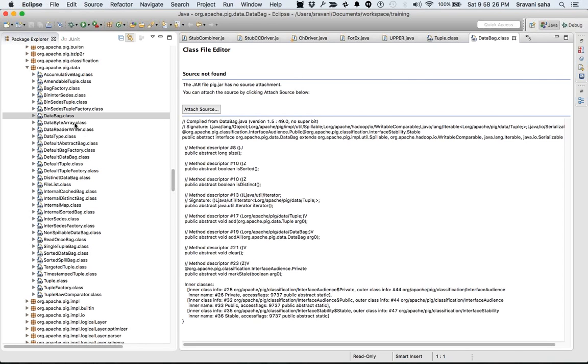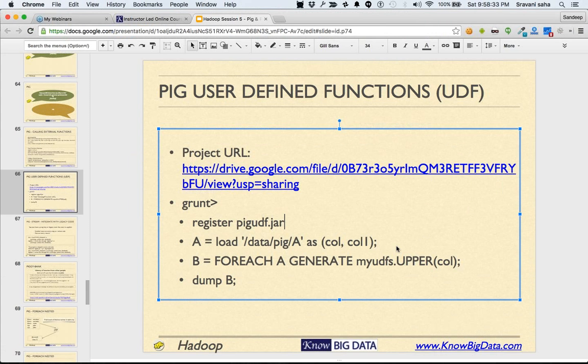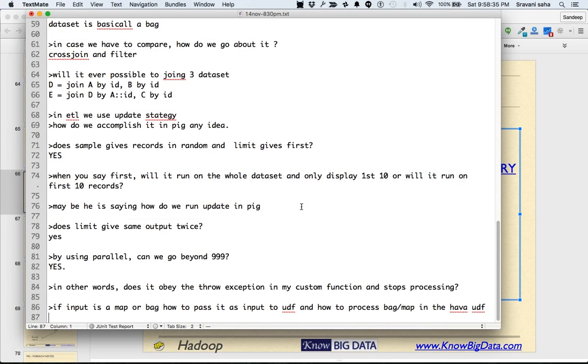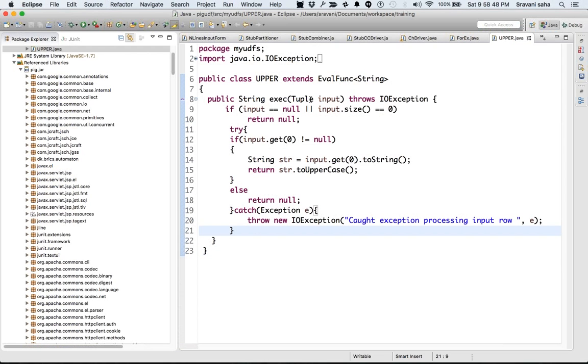The question is how we handle the case where the input type is bag or map. I think you could extend it in a way that you define the eval function such that it accepts the bag.